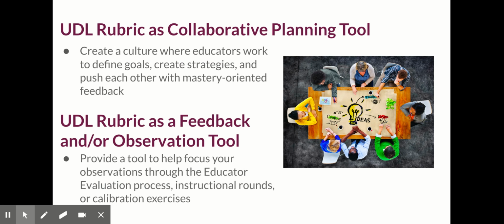When you think of this also as a collaborative planning tool, this is where educators can really dig down into where they think they are as a grade level, as a school, and figure out what changes you want to make to the practice and what changes you want to make in terms of planning your lessons, and to really push each other with mastery-oriented feedback.